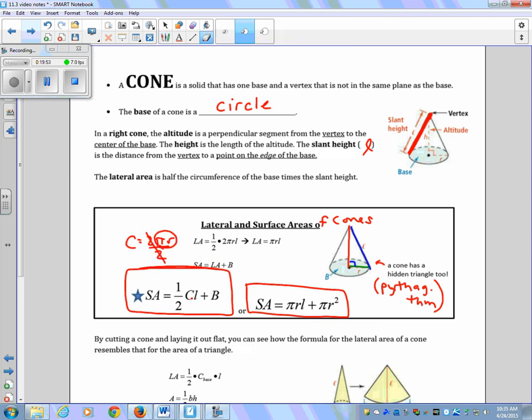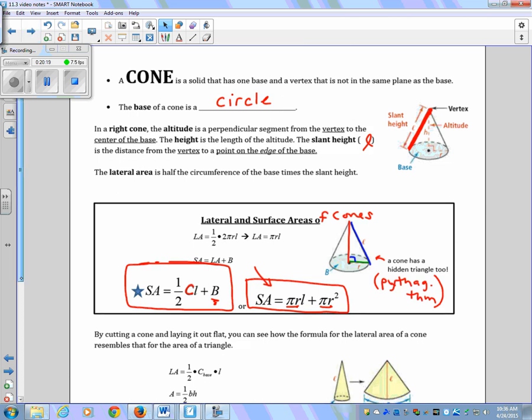So another way to think about the surface area formula, and sometimes we actually need to think about it in this way, because sometimes they're asked to solve for r, is to think of it as, instead of C, replace that with just pi r L plus B, and B for area of the base, if it's a circle, is pi r squared. So we have pi r L plus pi r squared.